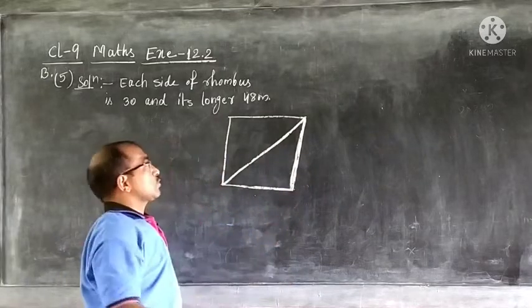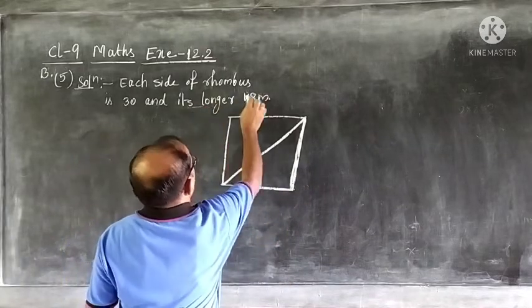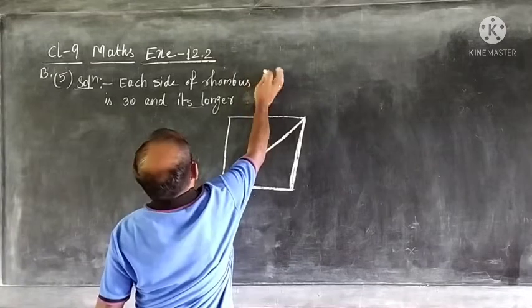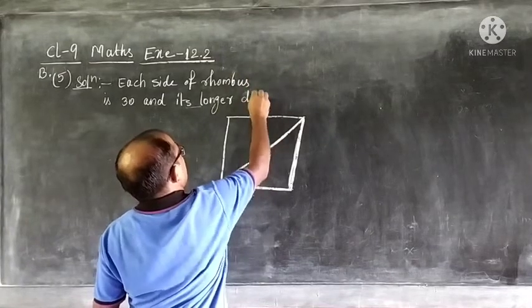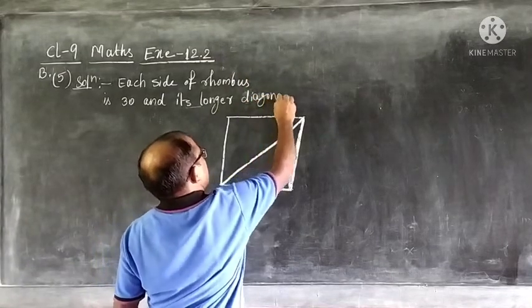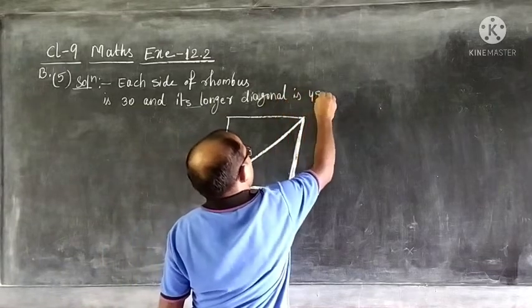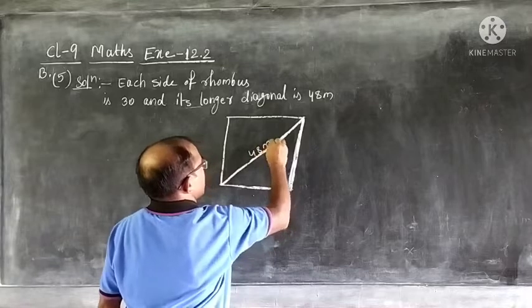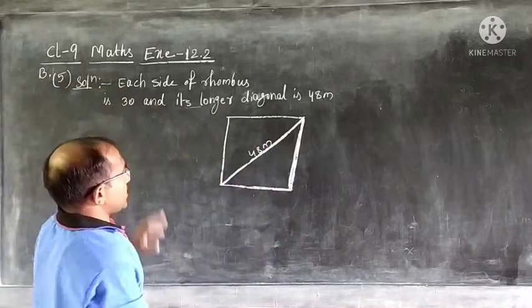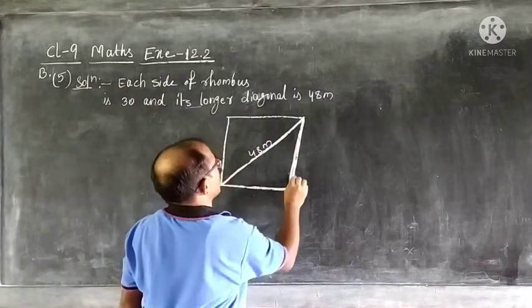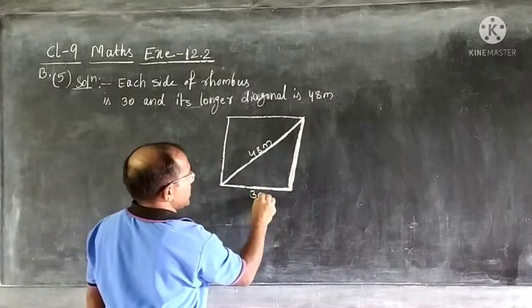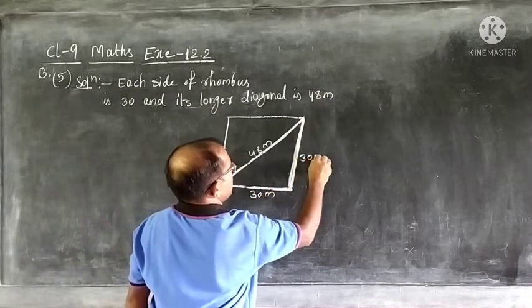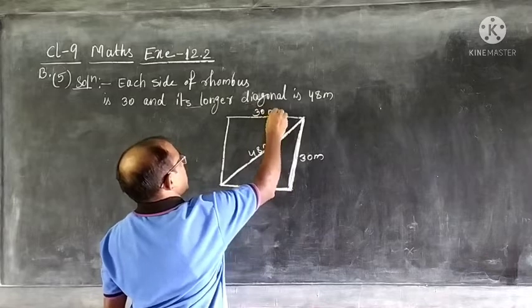We are not talking about the shorter diagonal, we are talking about the longer diagonal, which is 48 meter. In this diagram, this is the 48 meter diagonal and each side is 30 meter. We know in a rhombus all the sides are equal. So 30 meter, another side also 30 meter, all four sides 30 meter.